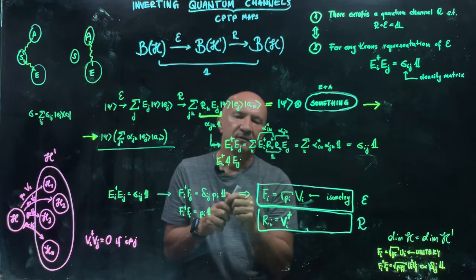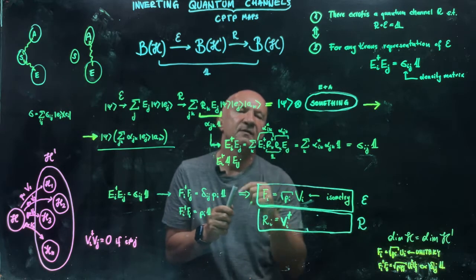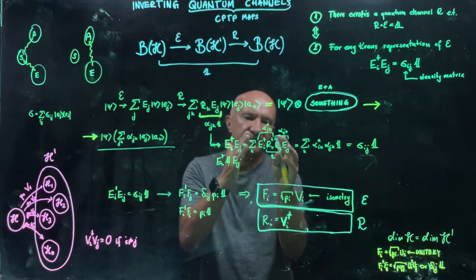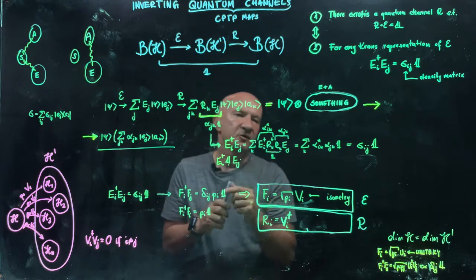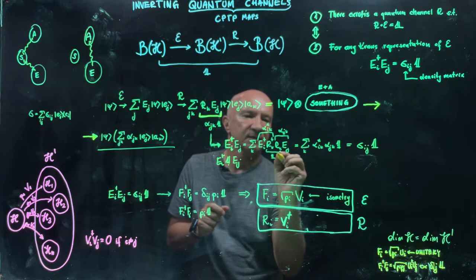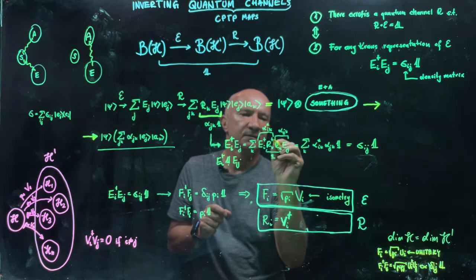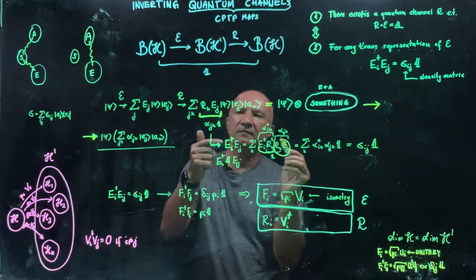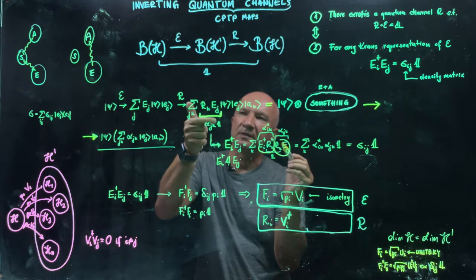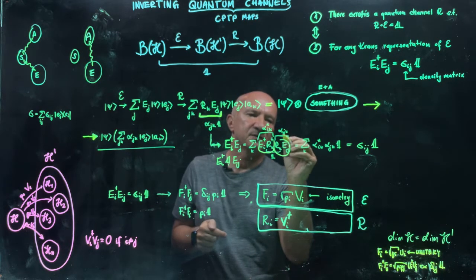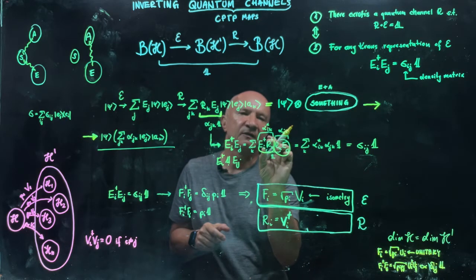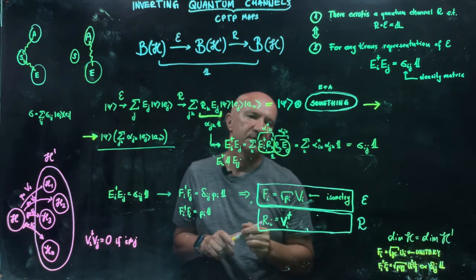So I just decompose this identity in terms of the product of Kraus operators associated with R. Then I look at this pair here and this one here, and I can see that this condition implies that this is proportional to alpha jk and this is proportional to alpha ik complex conjugate.